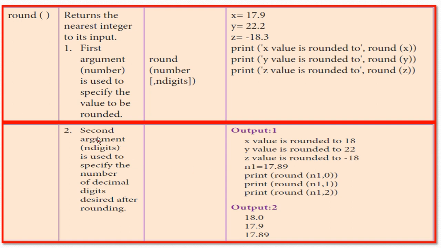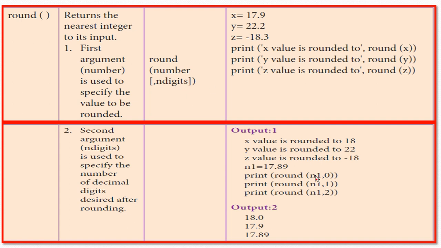Second example, the second argument, n digits, is used to specify the number of decimal digits desired after rounding. For example, here n1 equal to 17.89. Round of n1 comma 0, here 0 indicates the number of digits.